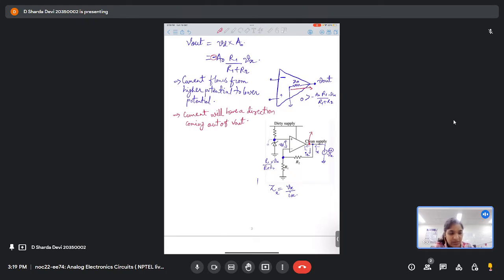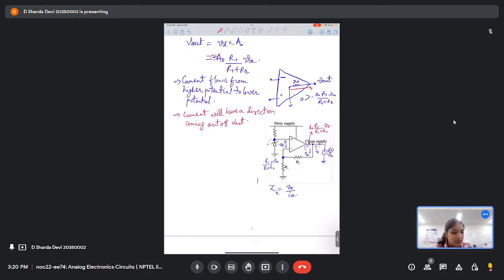So at this particular node, the output voltage of op amp is A0 R1 upon R1 plus R2 into Vx. This is because of the presence of op amp.